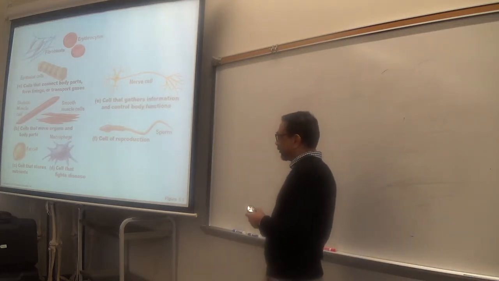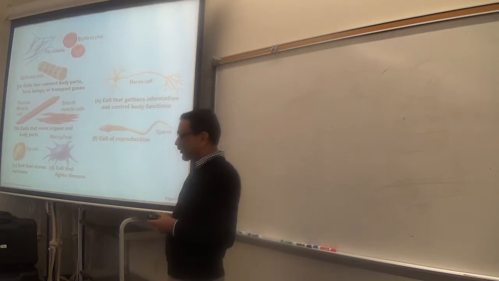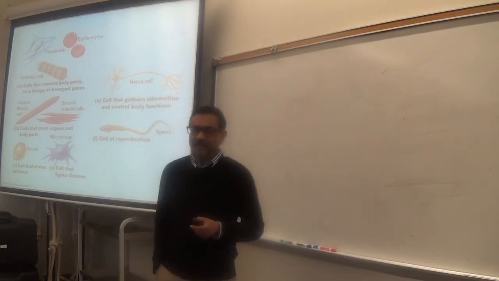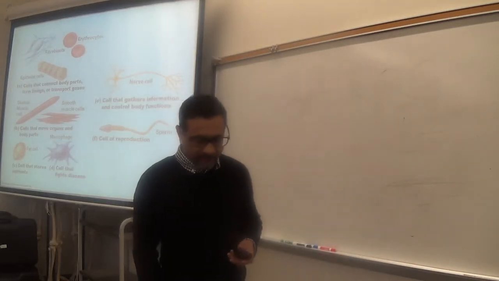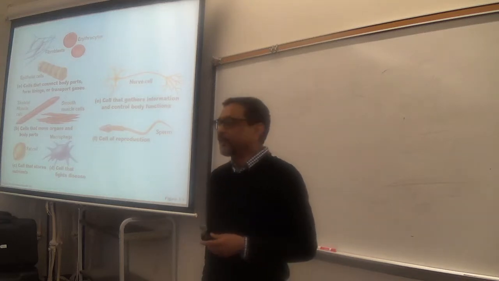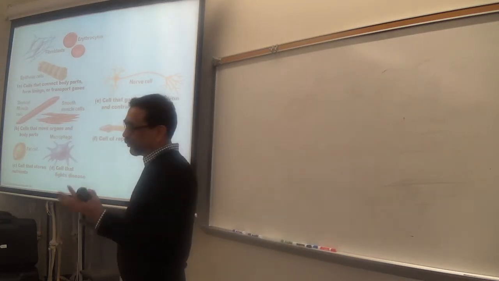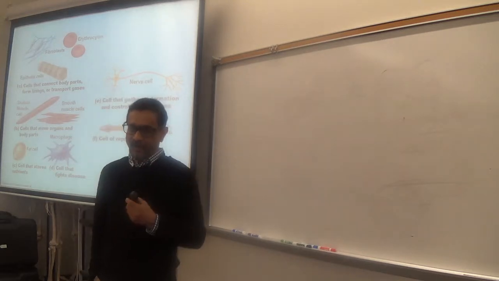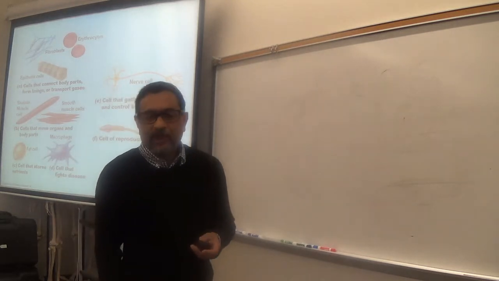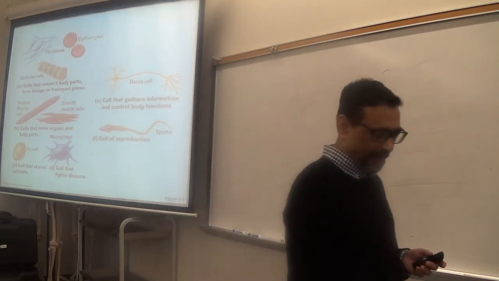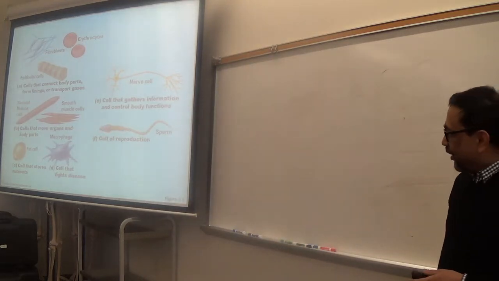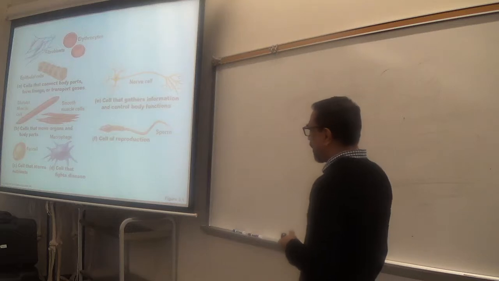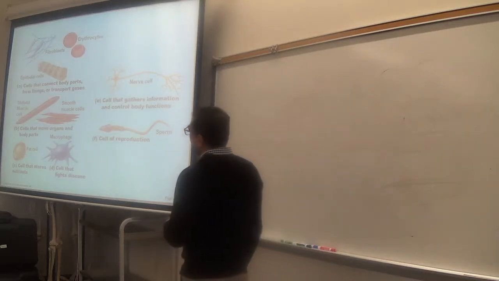Color is red, so color is different than other cells. Shape is different, right? Round and flat. And function is also different. Red blood cells, all of you know, transport gases, oxygen and carbon dioxide. You know that, right? Transportation of gases. So you see how they could be different in shape, color, size, and function.